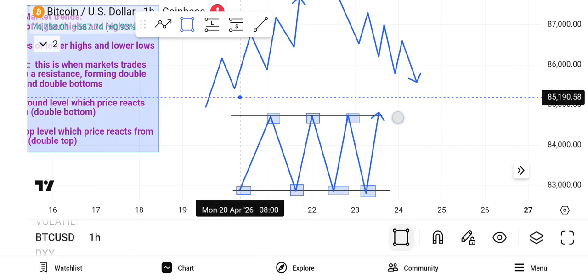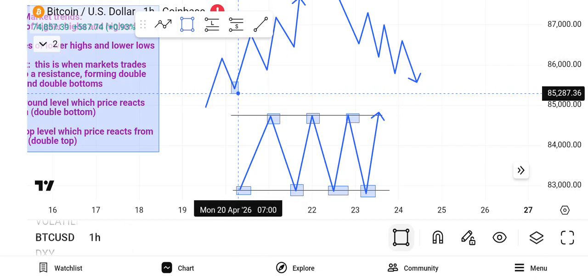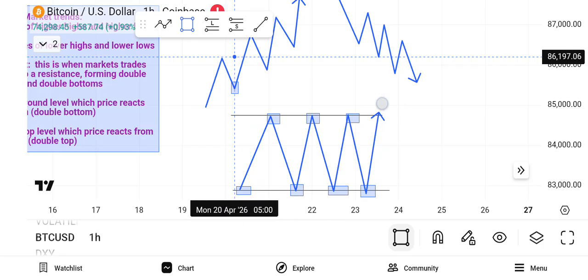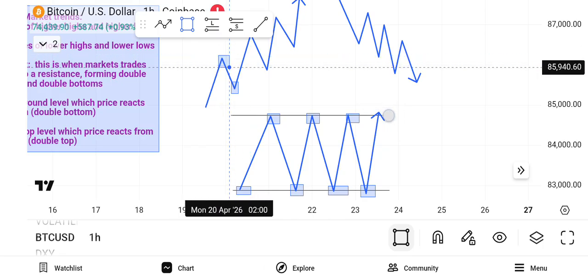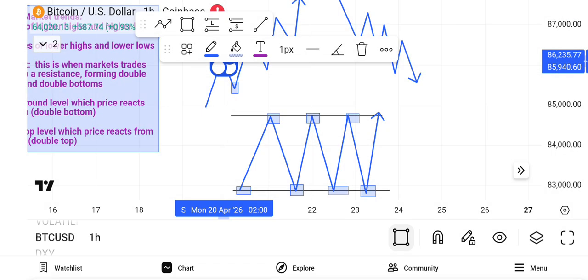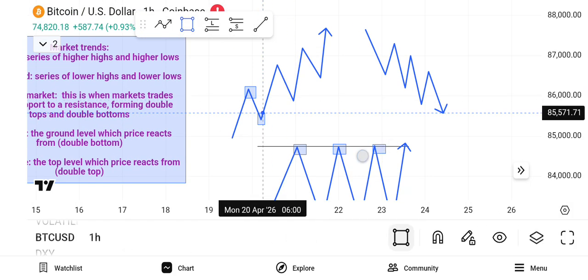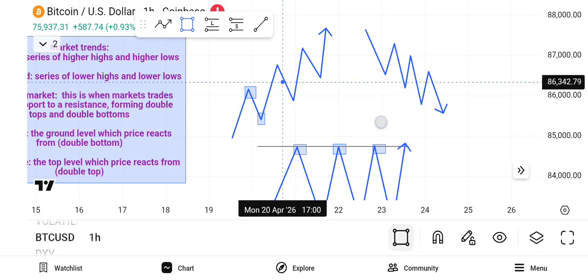Meanwhile, here you see lower highs, lower lows. Then the market is making higher highs and higher lows. Higher high right here, meanwhile we have a higher low beneath. Then we have a higher low beneath and a higher high. Same thing is happening here, a higher low and a higher high.